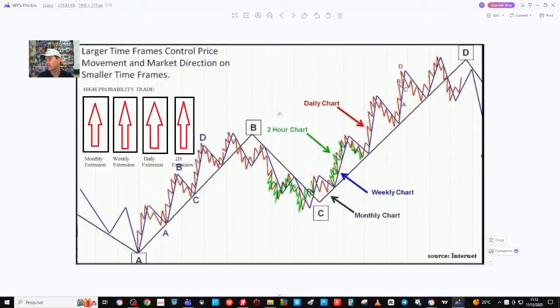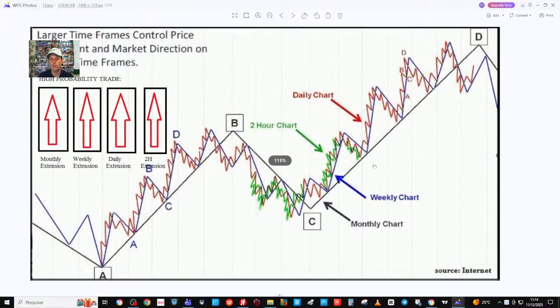See, next week we're going to talk about alignments. Where is the best alignment? Larger time frames control price movement and market direction on the smaller time frames. This is an old picture, I believe it's from 20 years ago, but it's showing the Fibonacci's.